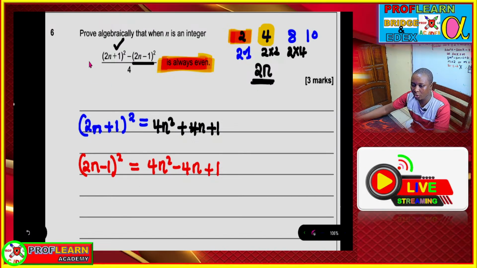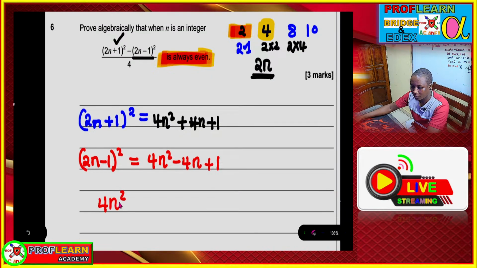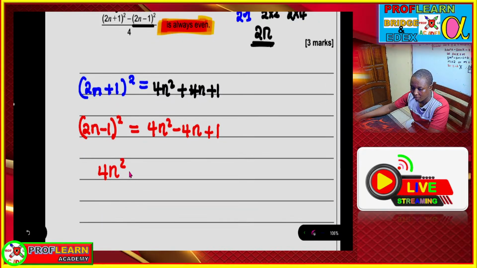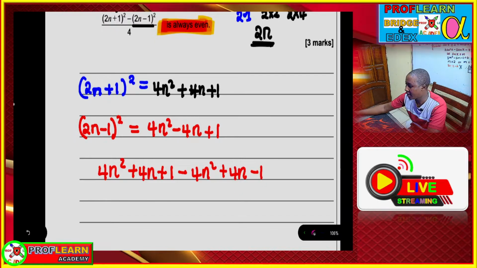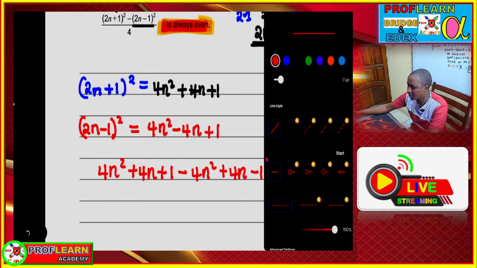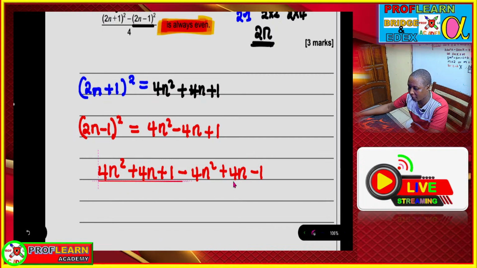Then now we can substitute those expanded values into that. It will be 4n squared plus 4n plus 1 minus, now minus of 4n squared. Because this minus and there was a minus here, this will be plus 4n minus 1. And this is divided by 4.